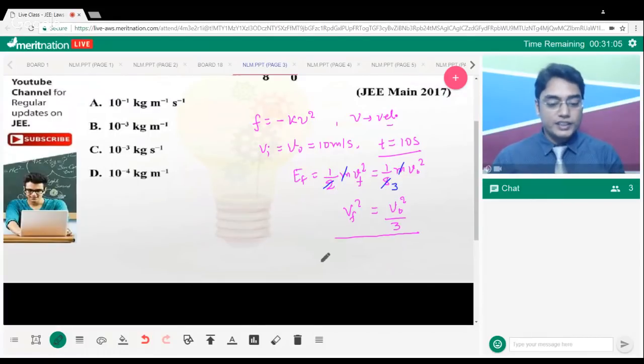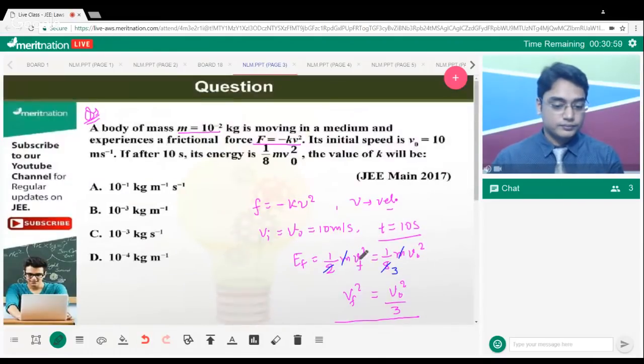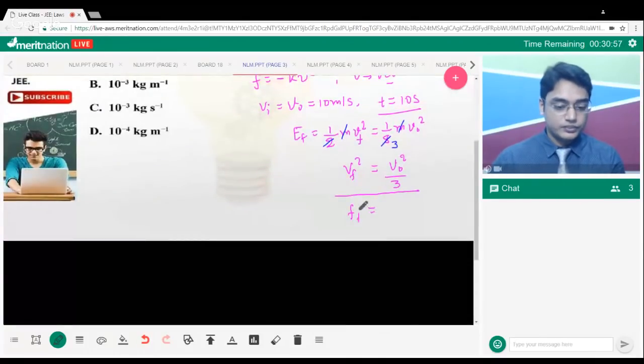So from this, we can easily obtain V final. So V final is V naught by root 3, right?